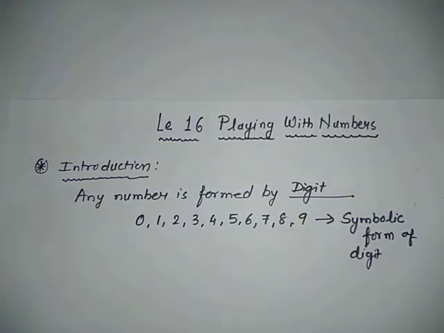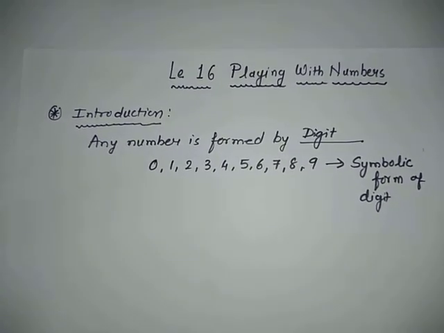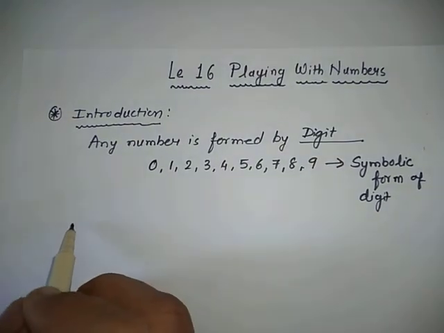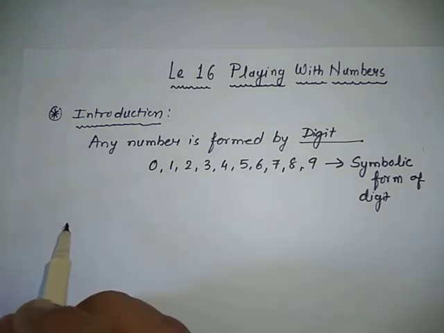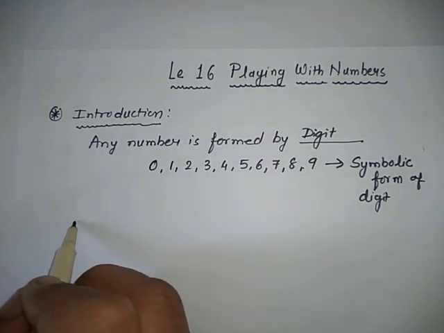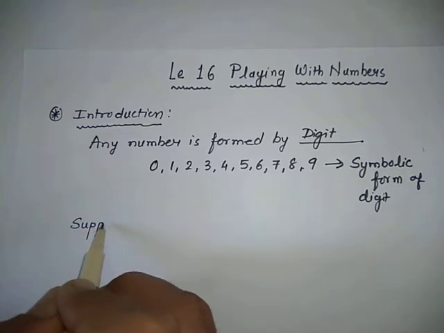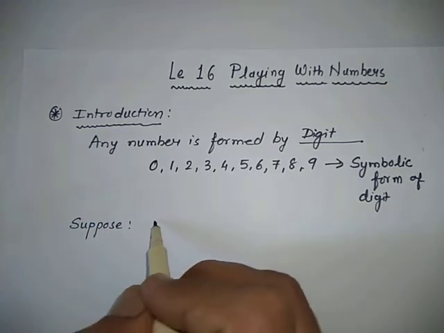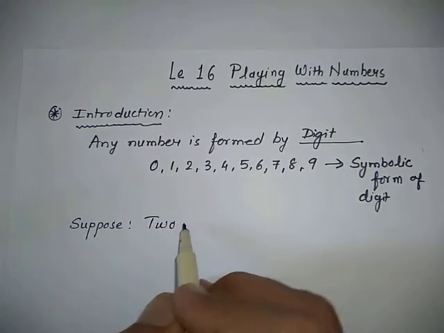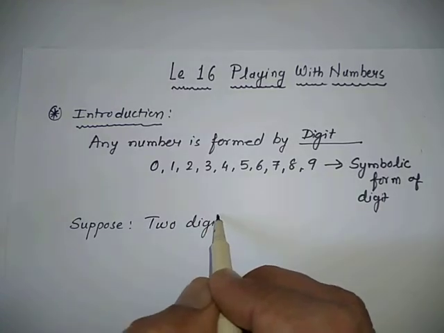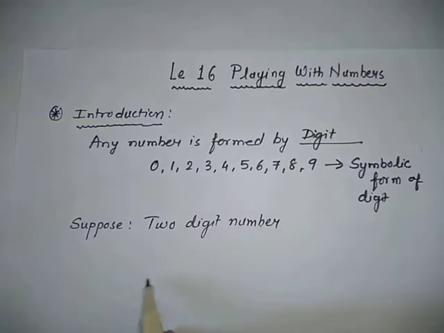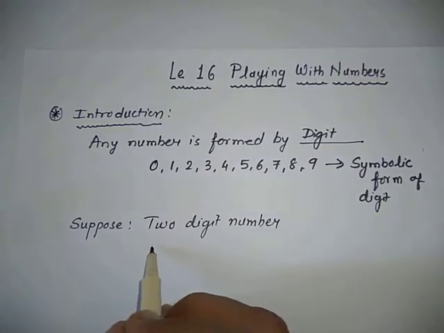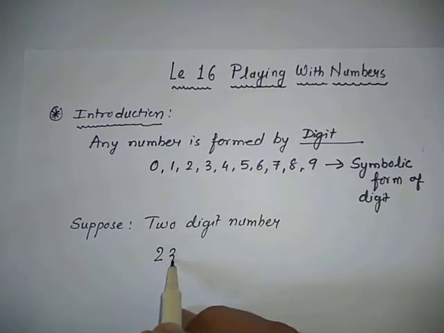Suppose let's take an example and understand how one digit, two digit or three digit numbers are formed. Two digit numbers, we can say here. Let the number be 23.